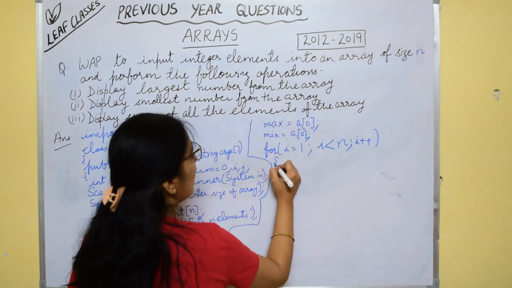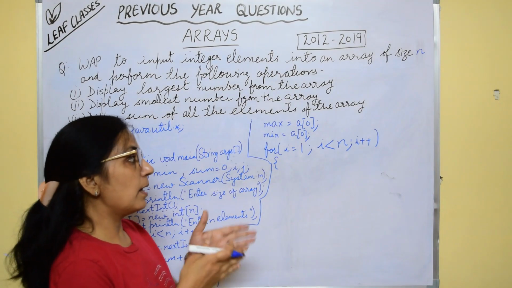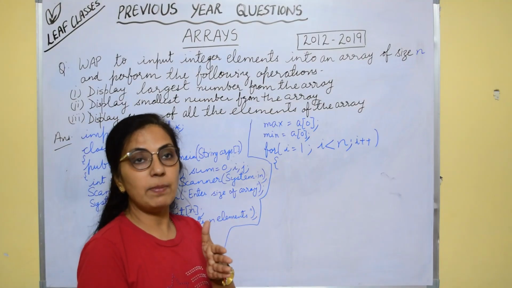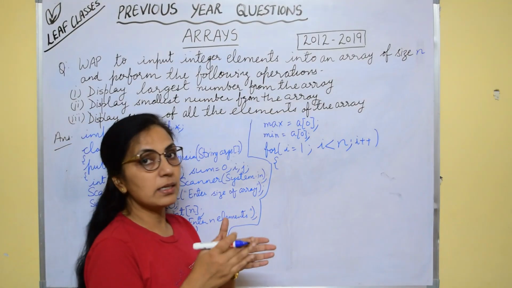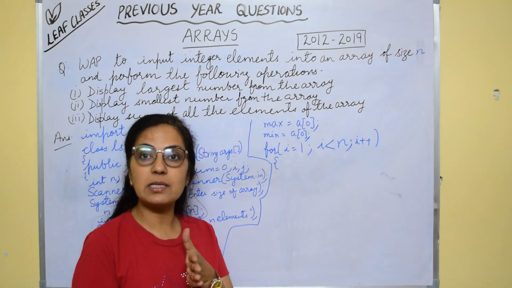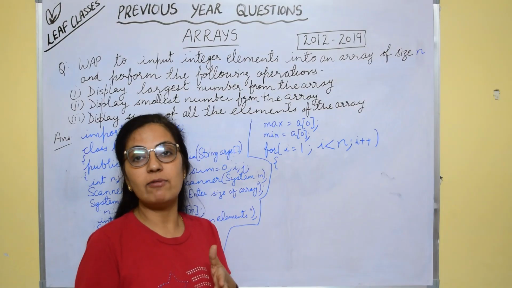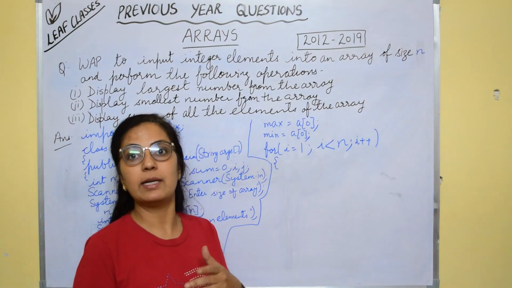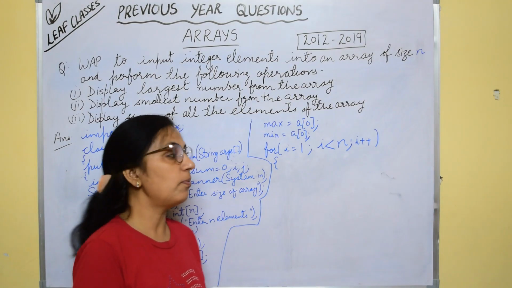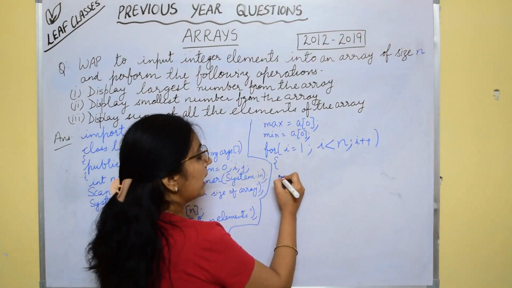After this, every time you are accessing the next element, you will check whether it is more than the previous maximum. If it is more, change the value of max variable. If it is less, then change the value of min variable. I'll do it like this.